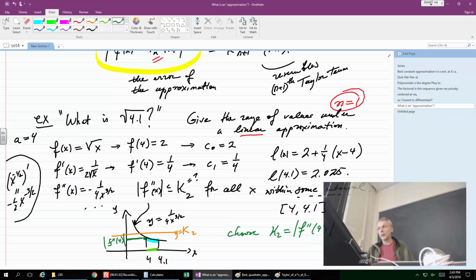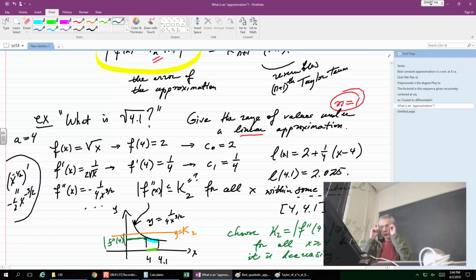So we can justify that this is larger than or equal to f double prime of x for all x larger than 4 because it is decreasing. The function is decreasing on this interval.